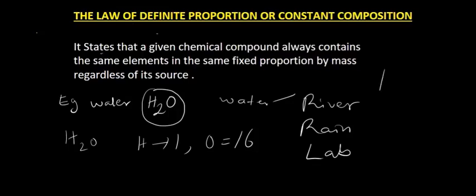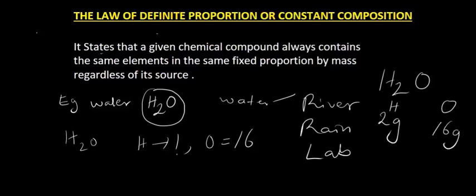However, in H2O, because we have 2 here, the mass of hydrogen will be 2 multiplied by 1, which is 2 grams for hydrogen. Then for oxygen, the mass remains 16 grams.